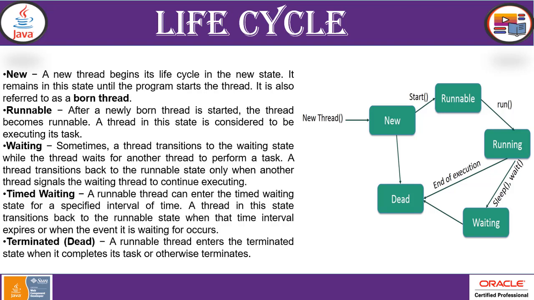These types of features are very important when we work in an application where you have event handling. Terminated, or dead, means the thread is closed. A runnable thread enters the terminated state when it completes its task or otherwise terminates. So what is happening when we work in an application?